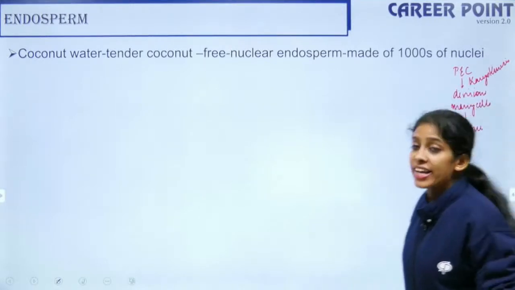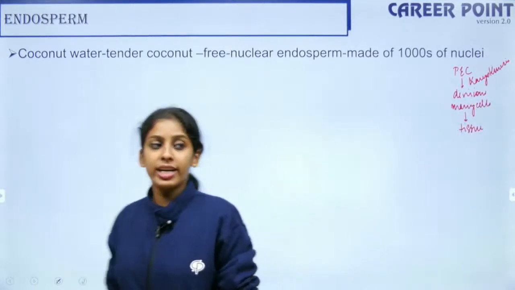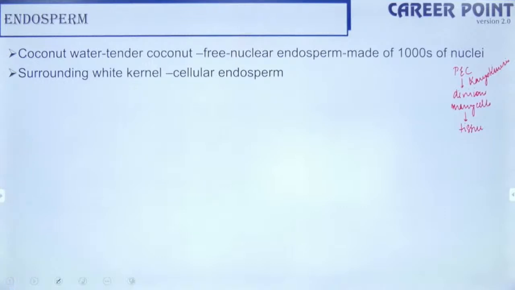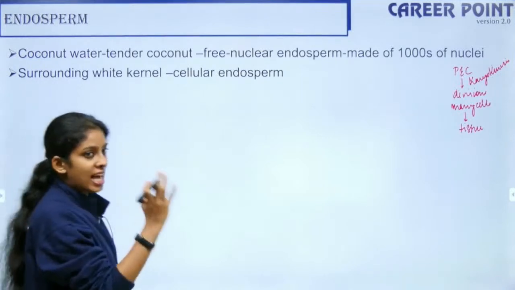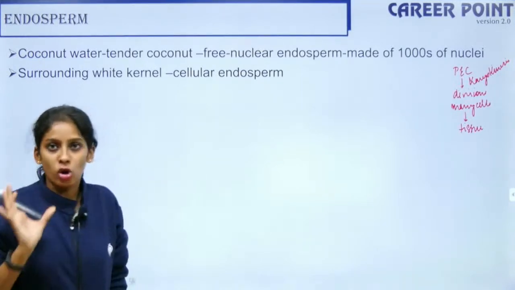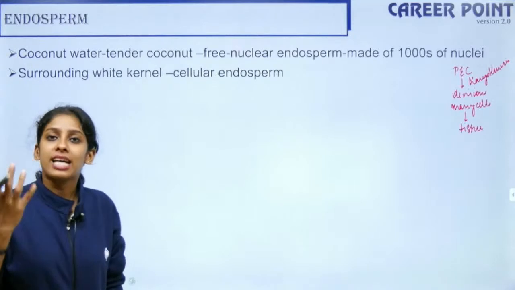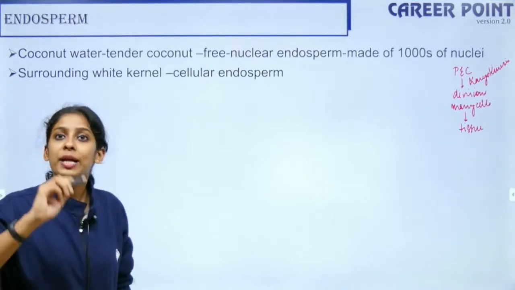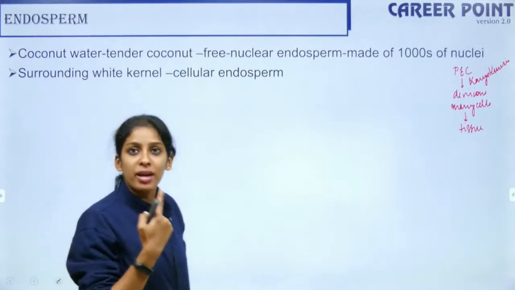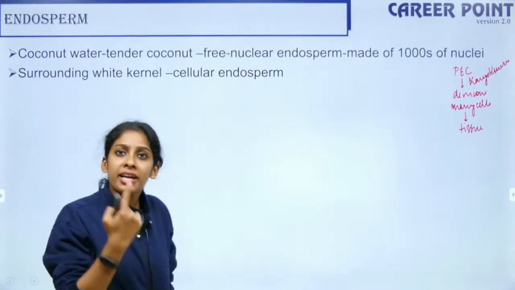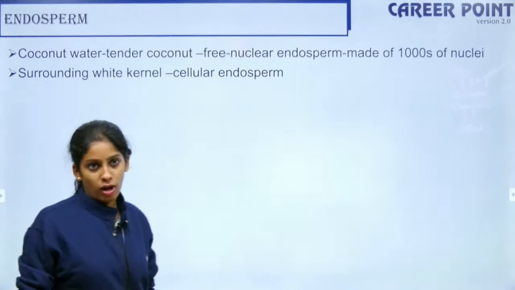So your coconut water in your tender coconut is made up of many nuclei. Surrounding the white kernel is your cellular endosperm. First karyokinesis happens, that is the coconut water. Then cytokinesis happens, that is the white part of the coconut. So first your nucleus divides to form many nuclei, and certain nuclei are formed with cell wall.